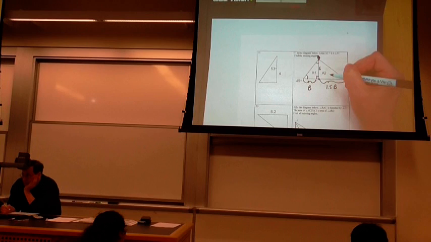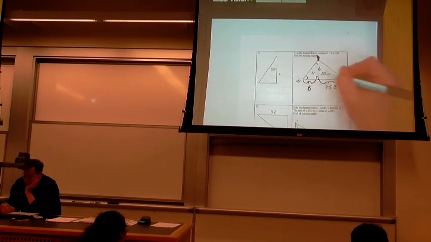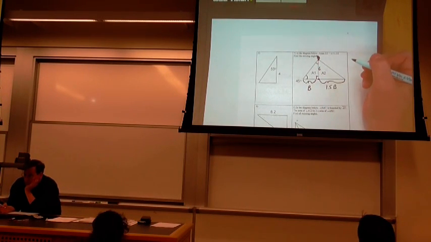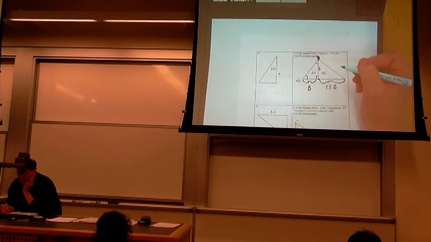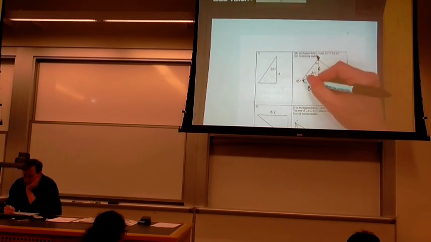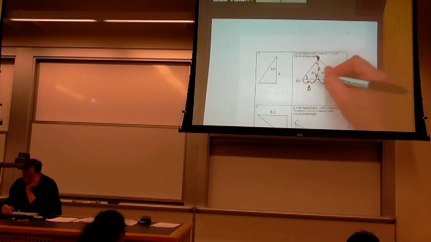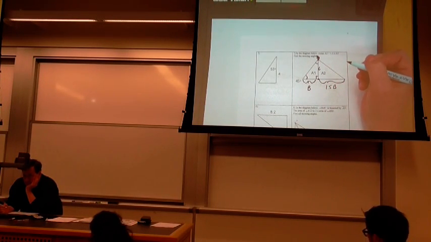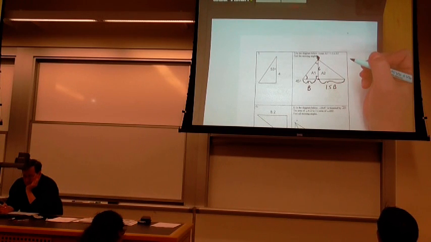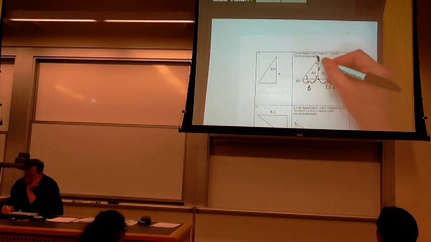Someone else tell me why B and C have to be equal. Because it's 45 degrees on both sides. Okay. That would be good enough for me, but I want a theorem. What's the theorem that tells me that if these angles are the same, these sides are the same? What kind of triangle is this?